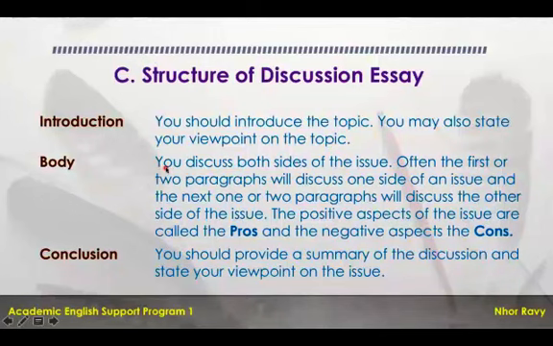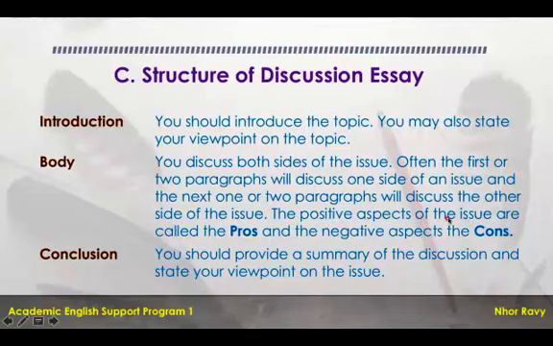In the body, you discuss both sides of the issue. Often, the first one or two paragraphs will discuss one side of an issue, and the next one or two paragraphs will discuss another side of the issue.